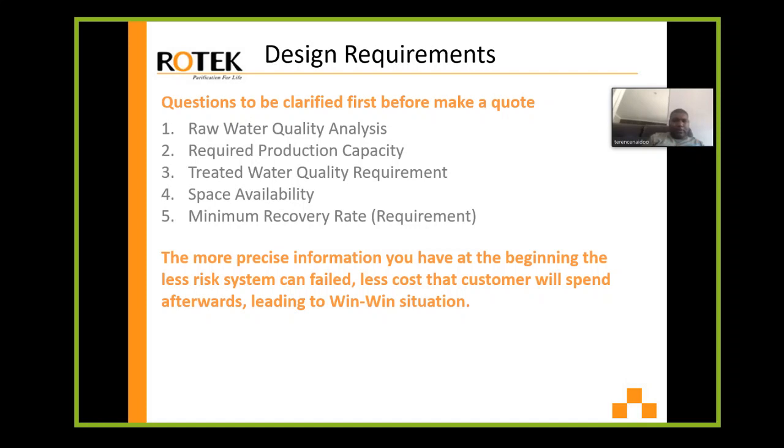Like there was one system I supplied to Indonesia. It was 20 cubic meters per hour, but the system was on for 10 minutes, off for 5 minutes, on for 10 minutes, off for 5 minutes. That means when the water is full, the system comes off.